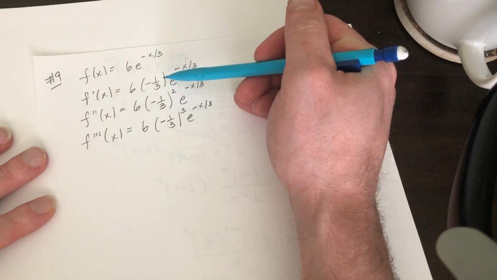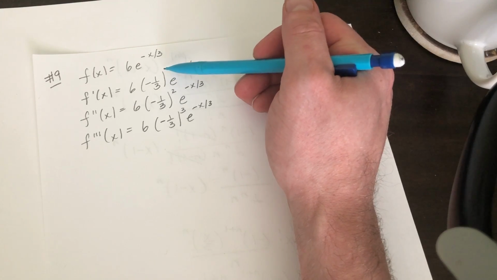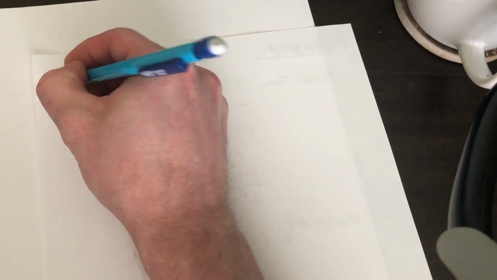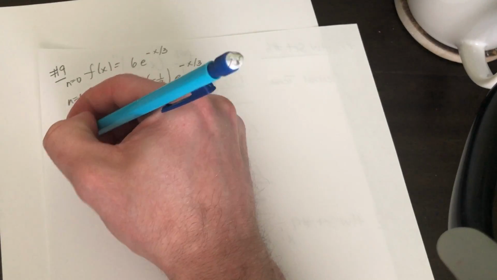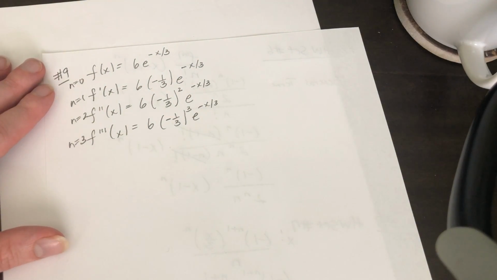The negative 1/3 is raised to the n power, because n is equal to 0, n is equal to 1, n is equal to 2, and n is equal to 3. So we're going to go by that terminology.